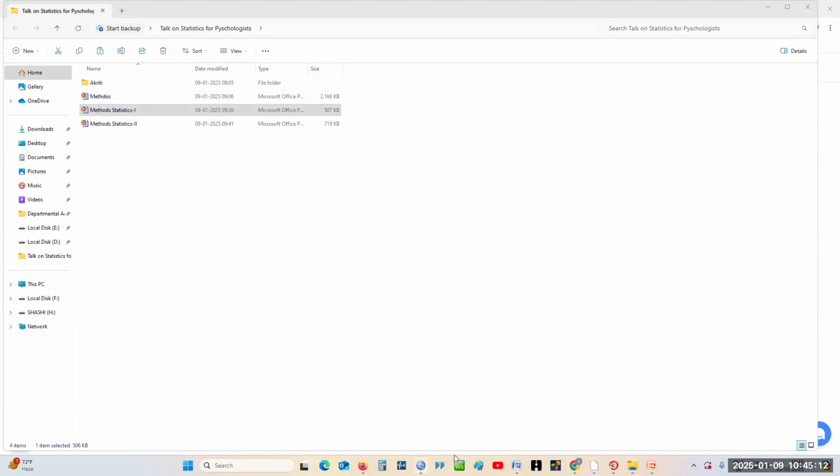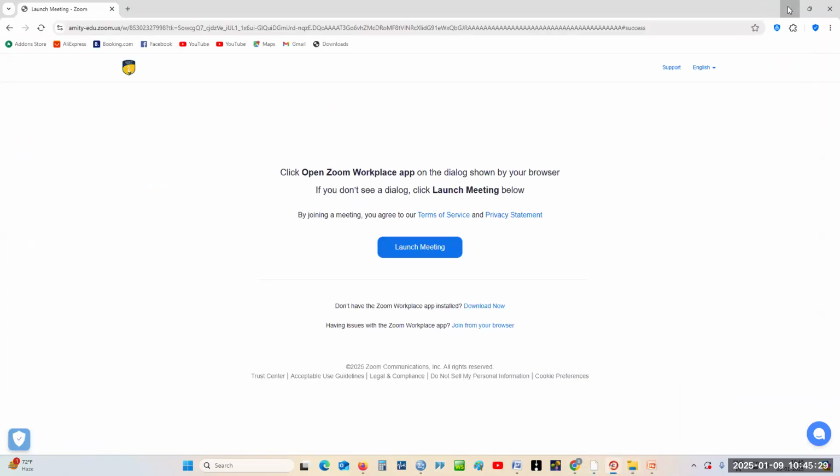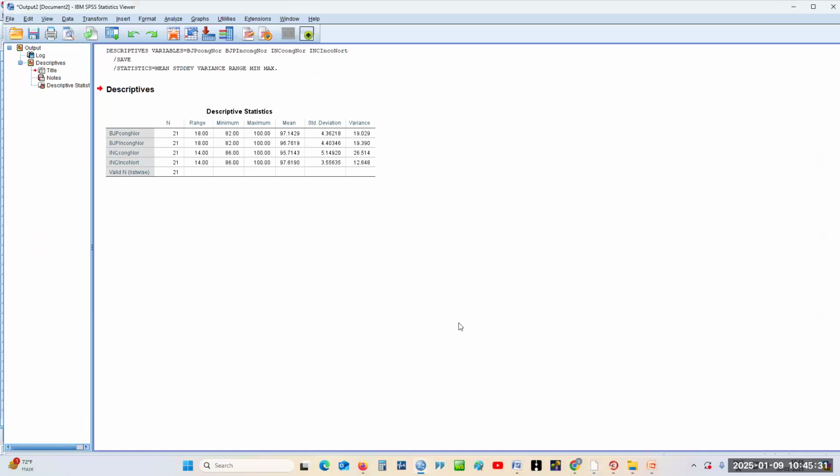So this is what exactly you have descriptive. So this is what exactly the minimum values and maximum values, and we have also mean and we have also standard deviations.